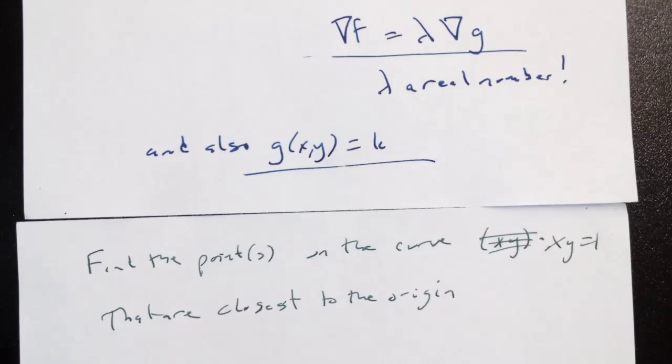Now, find the points on the curve xy equals 1 that are closest to the origin. First question, what does the graph xy equals 1 look like?